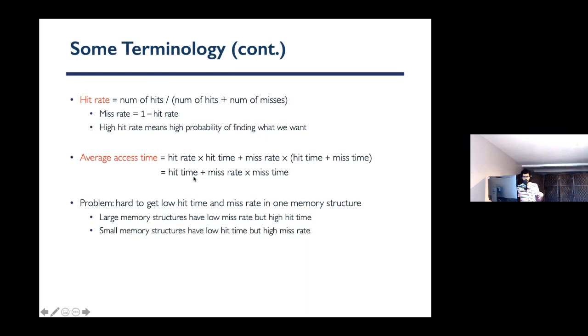We can design our caches to have really good hit time. How do we do that? We'll talk about it in more details, but one easy way of doing it is just have a bigger cache. If you have a bigger cache, then it has more capacity, then you can cache more. Oh, sorry.